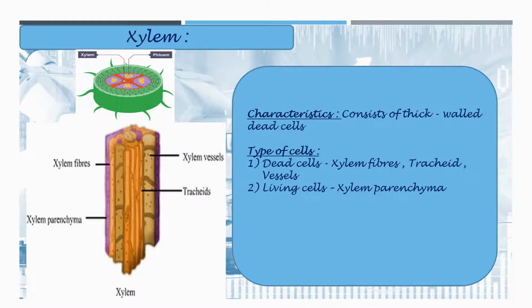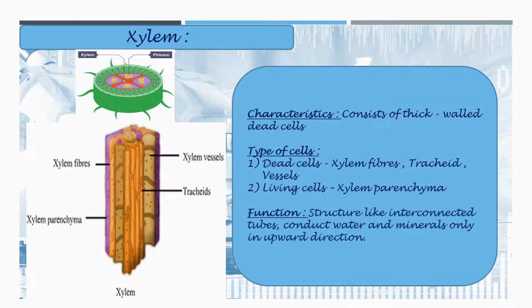They assist in the short distance transportation of water. So we can say that the function of xylem is that the structure like interconnected tubes conducts water and minerals only in the upward direction.